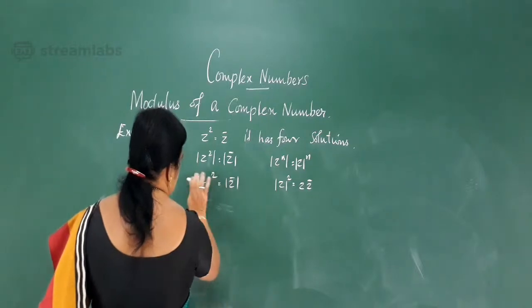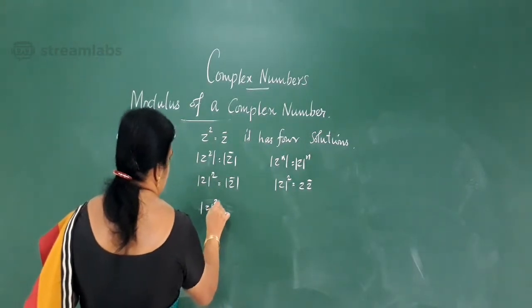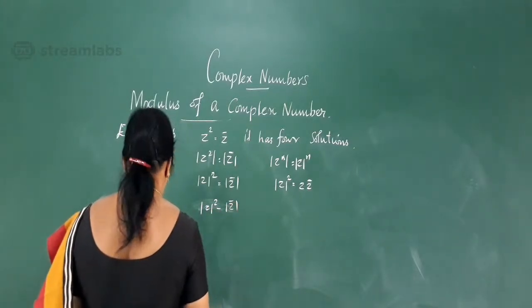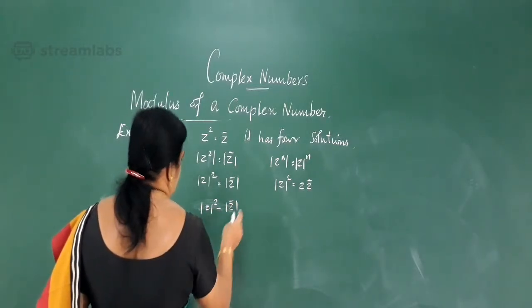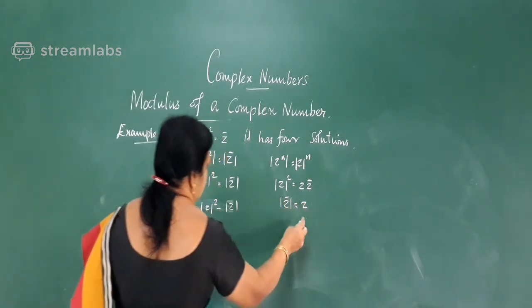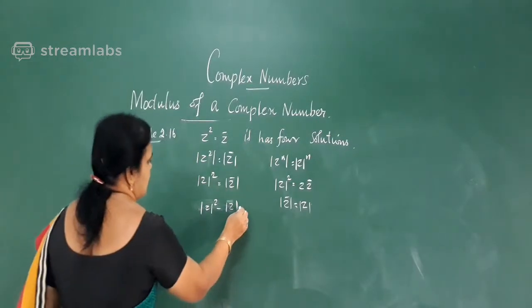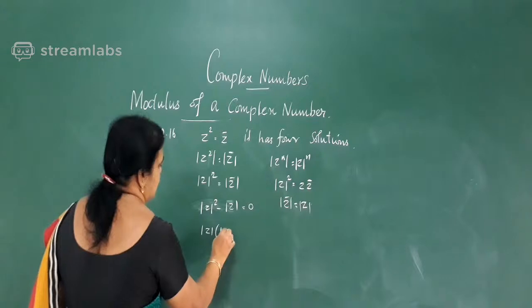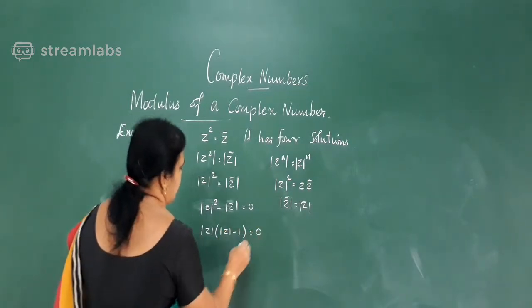Otherwise, you just bring this side: modulus z square minus modulus z bar equal to 0. From these two, modulus z times modulus z minus 1 equal to 0.